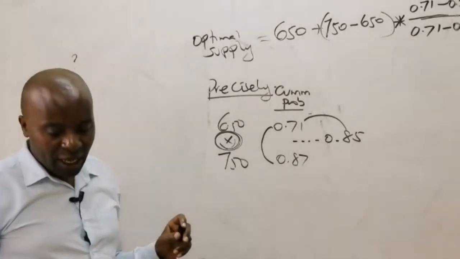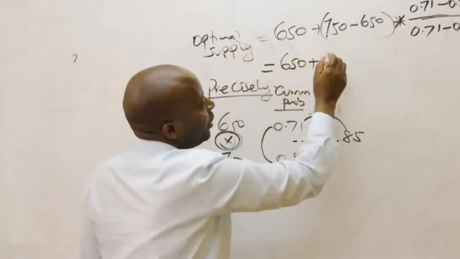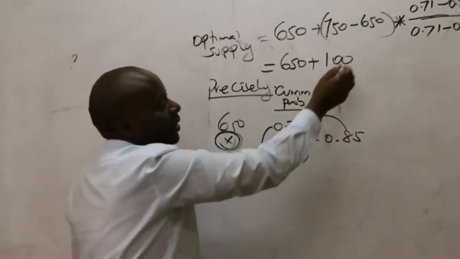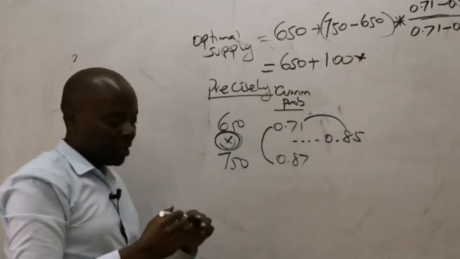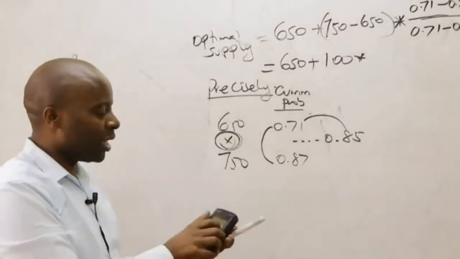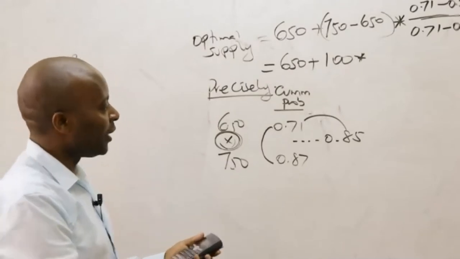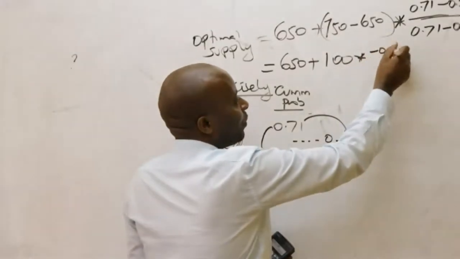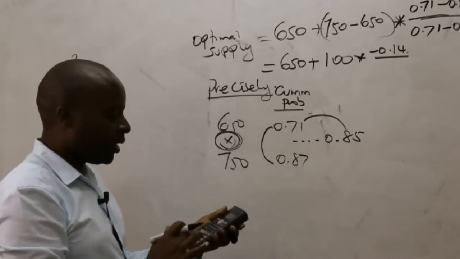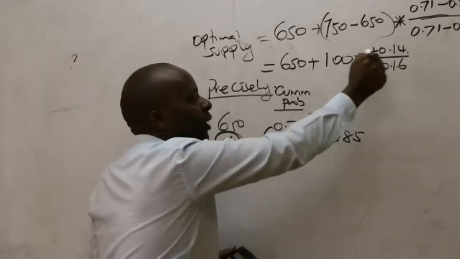So then, at the end of the day, we have 650 plus 750 minus 650, which is 100, times, pick up your calculator, the upper arc difference. We have 0.71 minus 0.85, which gives us negative 0.14, divided by 0.71 minus 0.87, giving us negative 0.16. Of course, the negatives will cancel out.